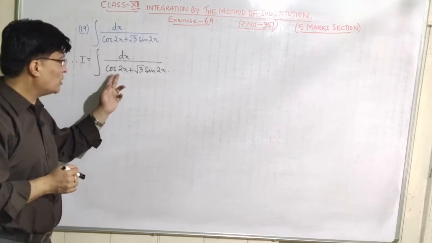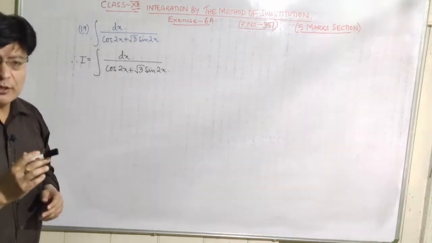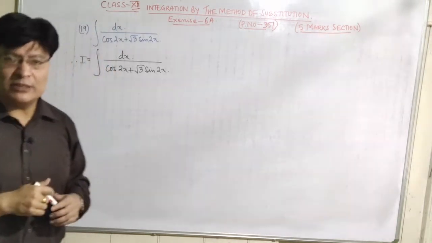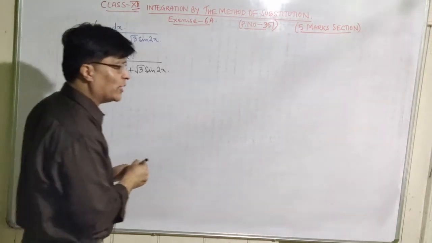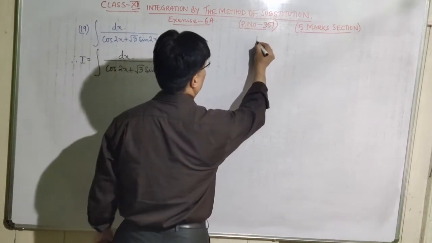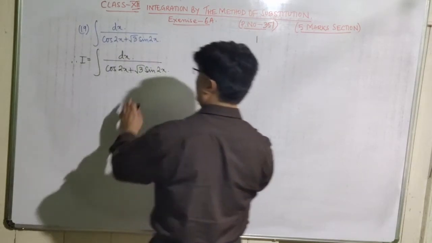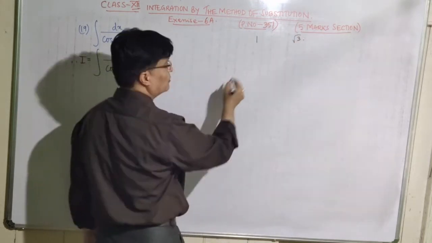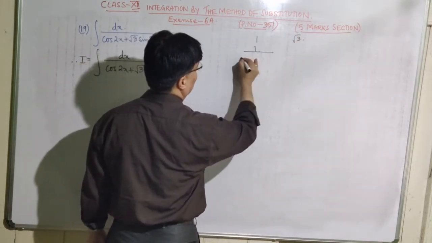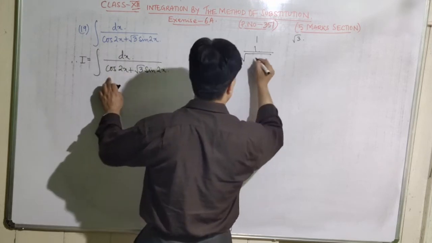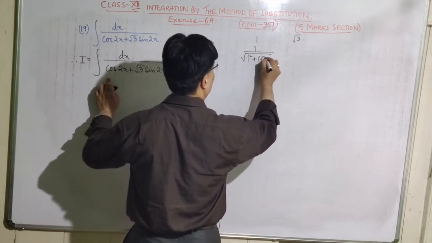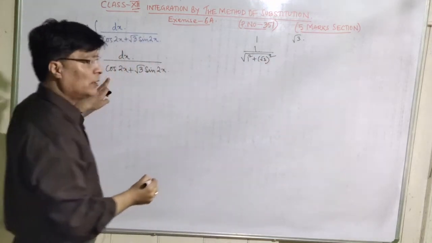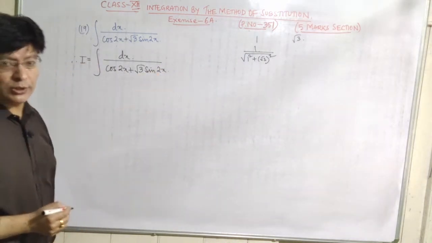The coefficient of cos 2x is 1 and the coefficient of sin 2x is root 3. That means you have to divide by root over the coefficient of cos 2x whole square, 1 whole square, plus the coefficient of sin 2x whole square, that is root 3 whole square.